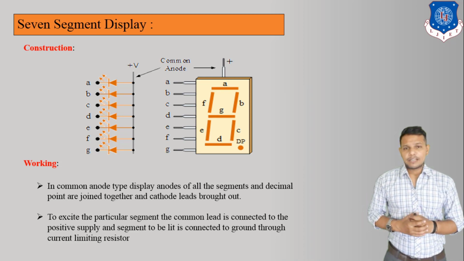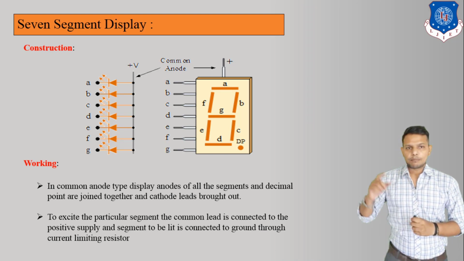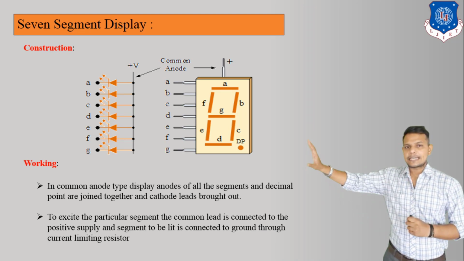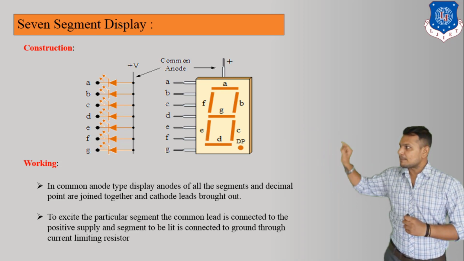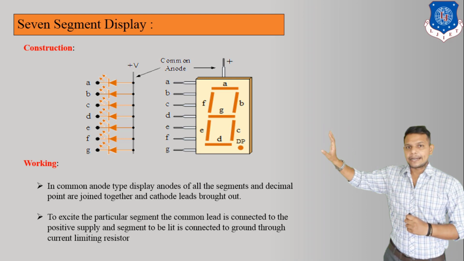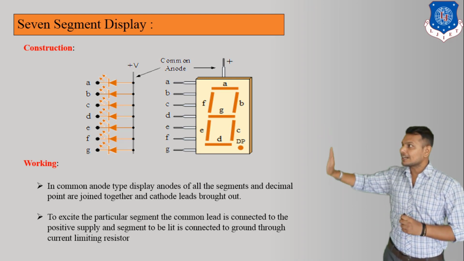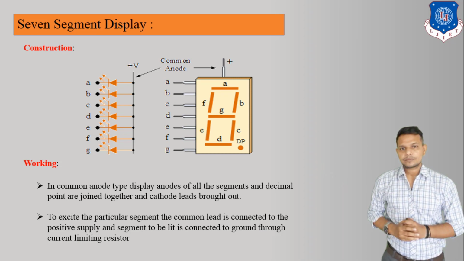For example, if I have to represent number 1, then B and C segments should be connected to the ground, and all the remaining are not connected to the ground.